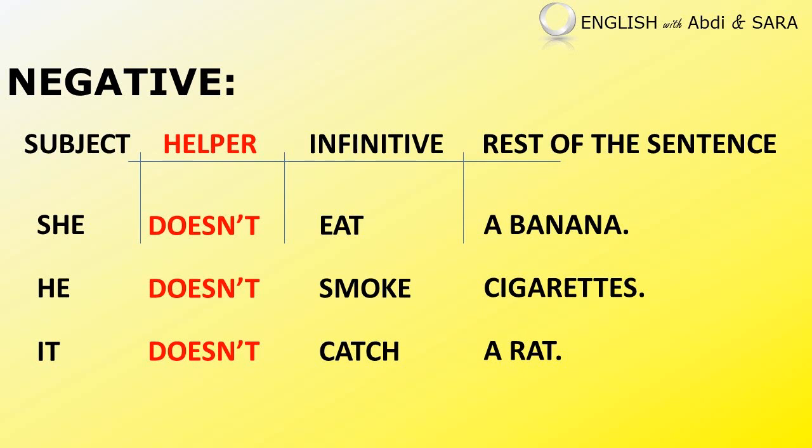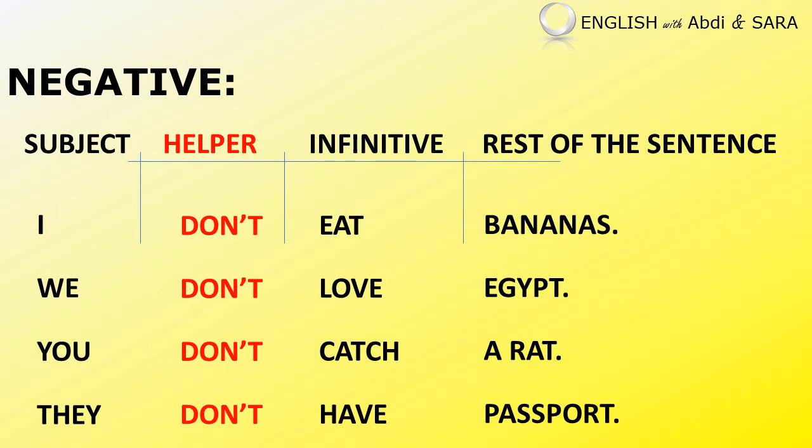Let me read out these sentences loud. I don't eat bananas. I don't eat. Notice, eat does not have any S. We don't love Egypt.